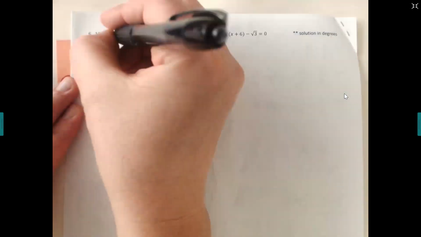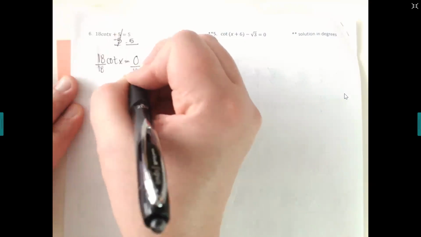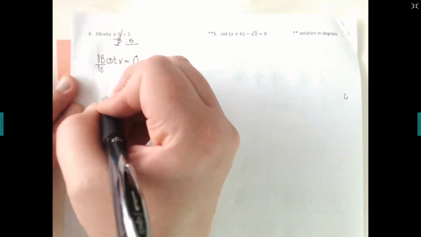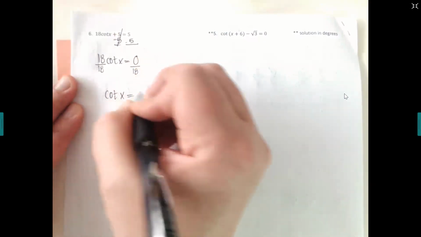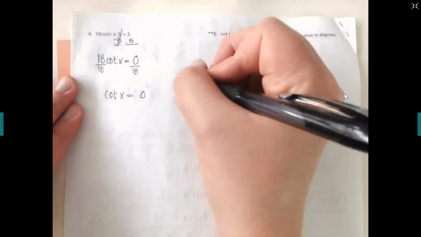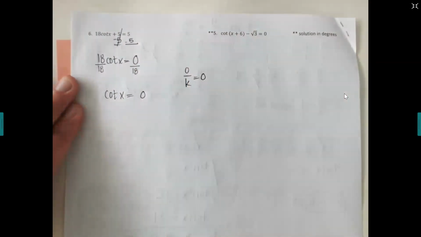Thank you. 5 minus 5 means that 18 cotan x equals 0. How do I get rid of the 18 from the front? Divide by 18. And now remember that 0 is special. You can divide 0 by anything, but what are you gonna still get? Another 0. Okay, remember though, it's okay to get 0 on the top, you just keep it a 0.